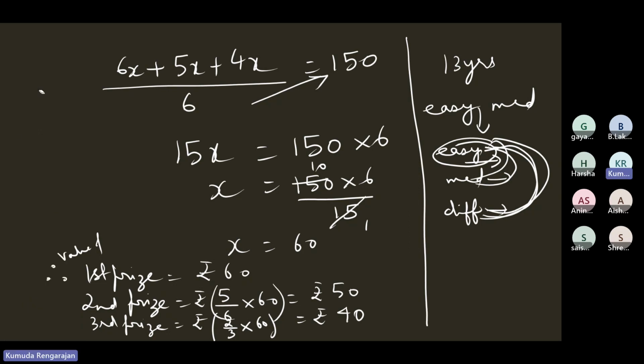Every part must be given importance. Sometimes we may ignore the assumption part: you read the question, directly construct the equation and get the answer. That means you don't know how to assume, but you know how to construct the equation. You must know how to assume the numbers, then construct the equation, then solve, and then give the final answers. These are the four stages.